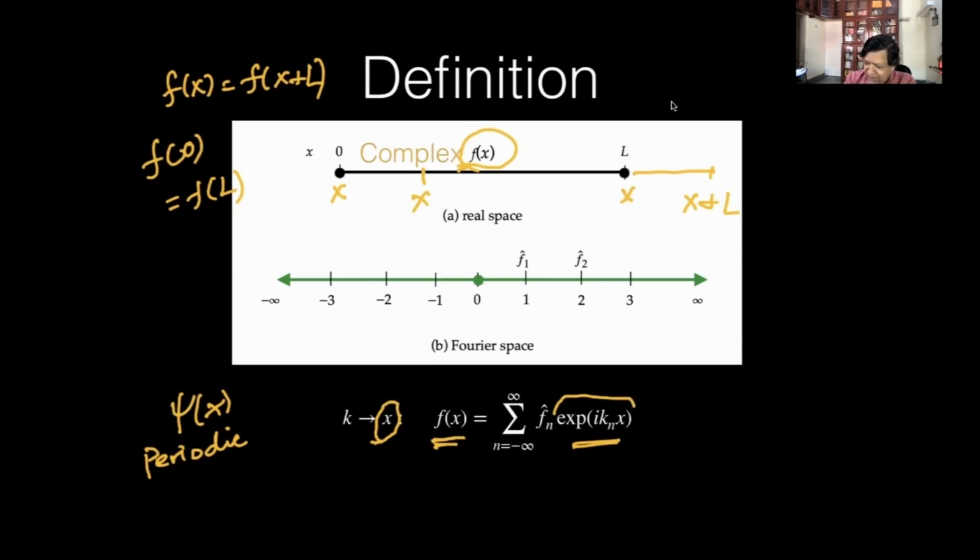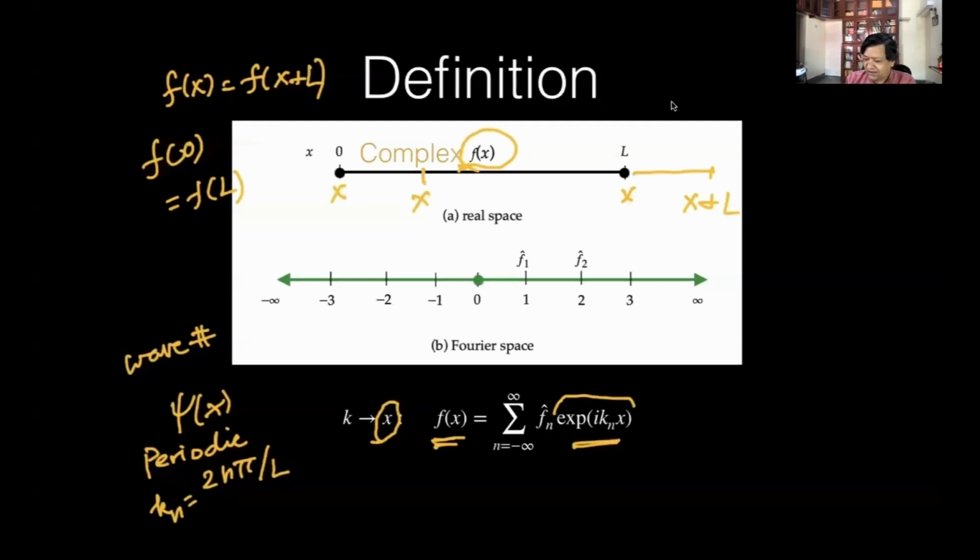Now I have many k_n. k_n is defined as 2n pi by L, where n is an integer that goes from minus infinity to plus infinity, and this is called the wave number.